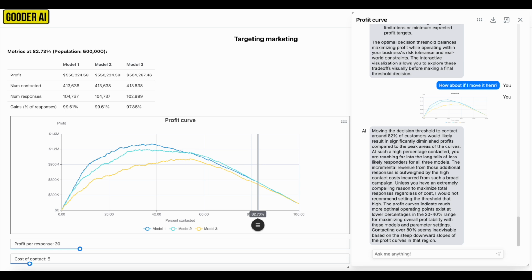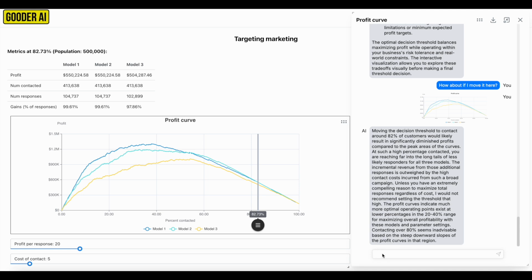Unless you have an extremely compelling reason to maximize total responses regardless of cost, I would not recommend setting the threshold that high. The profit curves indicate much more optimal operating points exist at lower percentages in the 20 to 40% range for maximizing overall profitability with these models and parameter settings. Contacting over 80% seems inadvisable based on the steep downward slopes of the profit curves in that region.